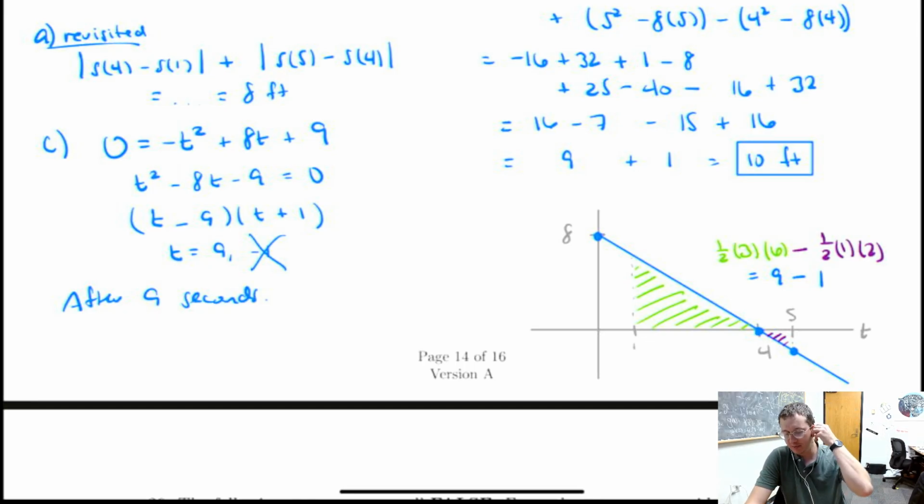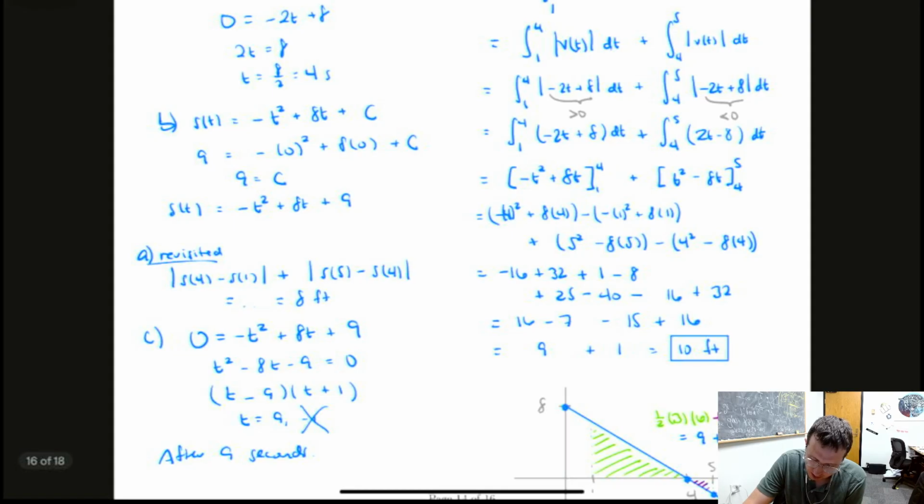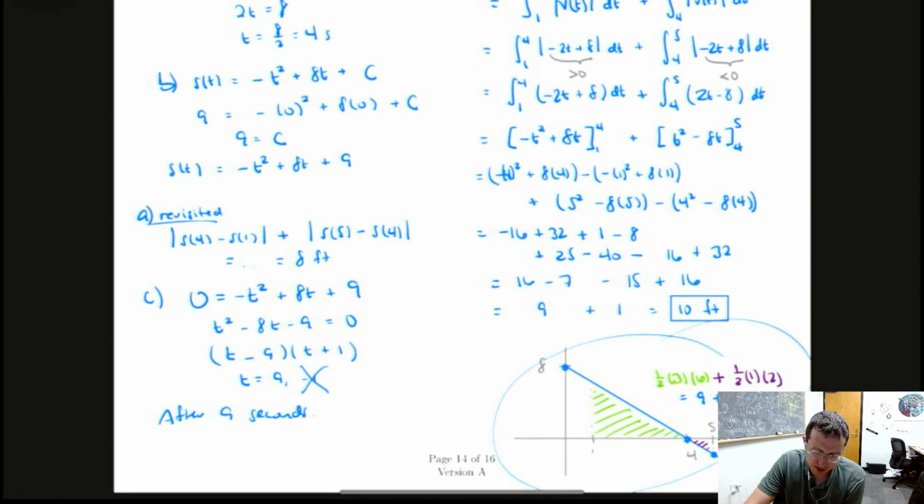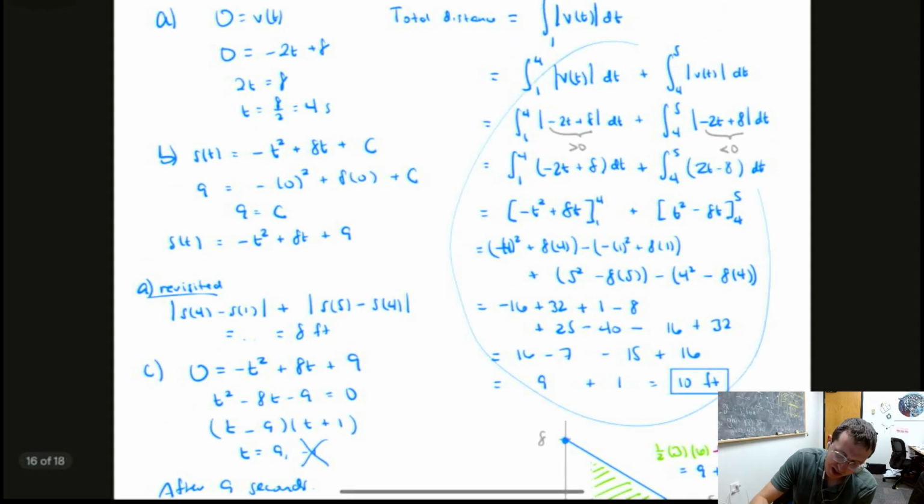The displacement is 8. But the total distance is going to be the total area here. So 9 plus 1, which is 10. So honestly, this is probably an even better way to go about it than doing all of this.